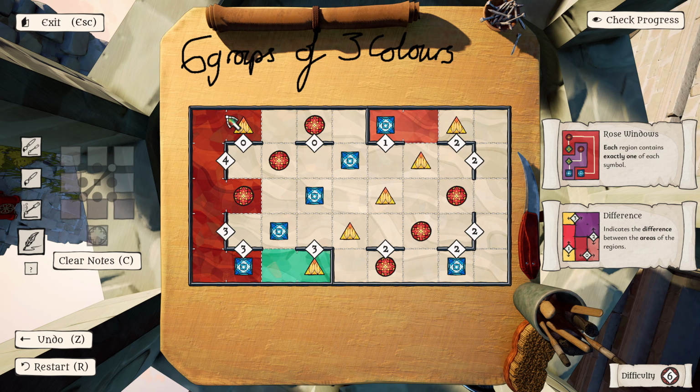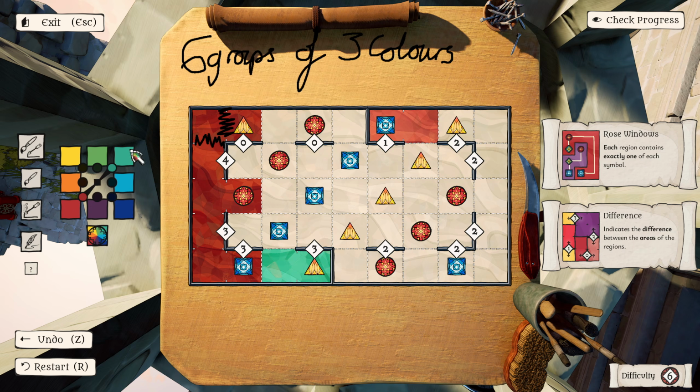So there is going to be some borderline either here or here to prevent this yellow being in the same region as this piece. Whereas these are all in the same corner regions. Doesn't necessarily mean that they have to be, but it does mean that this one has to not be.